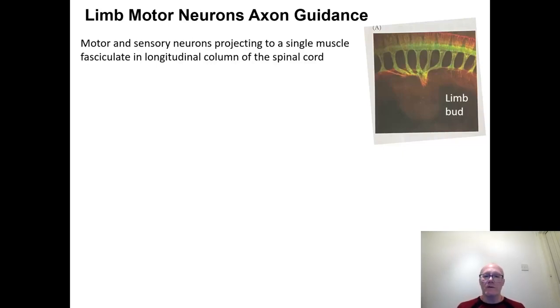So they fasciculate together, forming a bundle. They project together to the same region. And you can see in this cartoon here the projection toward a limb bud. So this is a developing limb, and you can see that the neurons from the spine organize together in fasciculating bundles, projecting probably toward the same muscles in the limb.